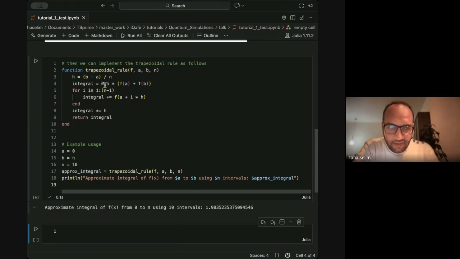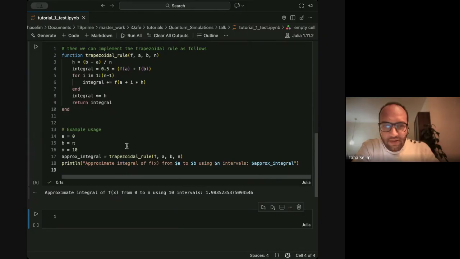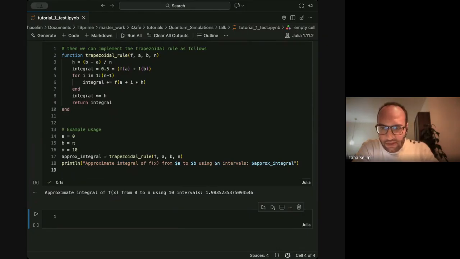We choose the step size, which is a half, and multiply it by the function evaluated at A plus the function evaluated at B. Then we compute the integral by summing all of these tiny intervals and get the approximation. We can also make a plot at different points to see the behavior.